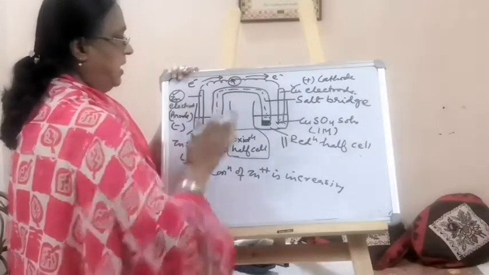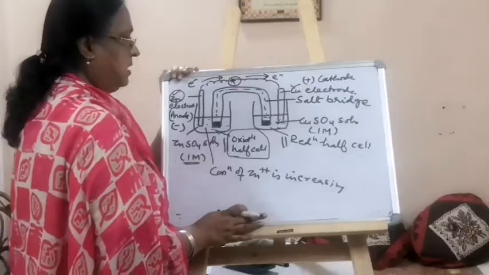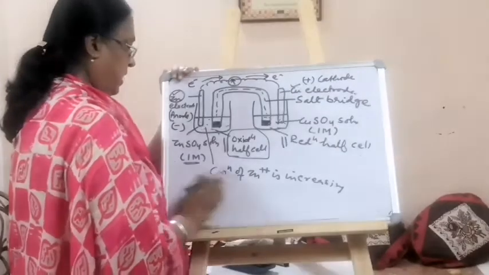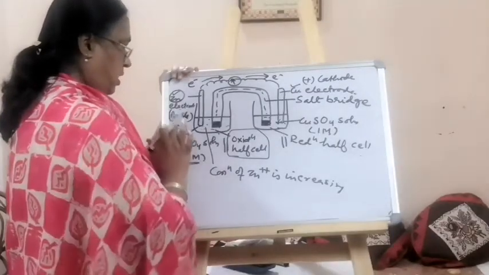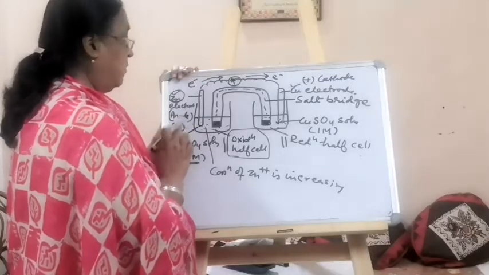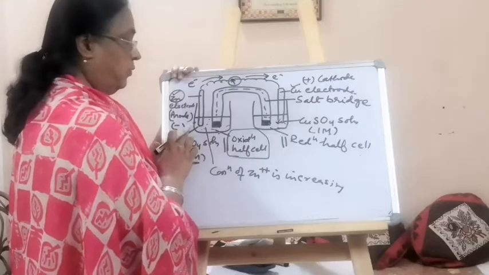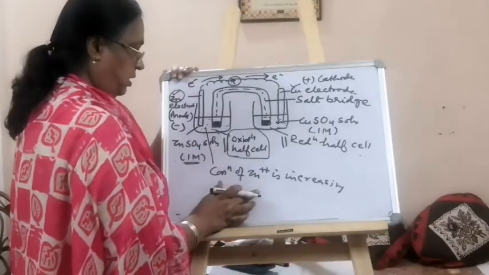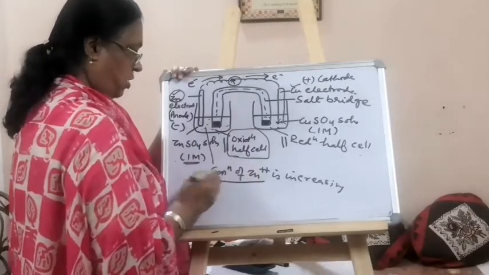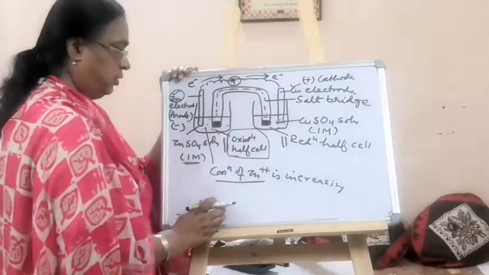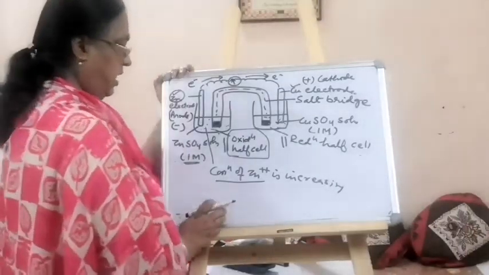As the reaction progresses and the cell is set up for some time, the concentration in the oxidation half cell will increase. Why? Because the concentration of zinc ion increases due to the oxidation reaction.